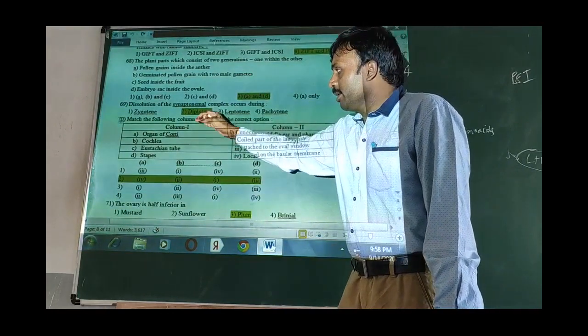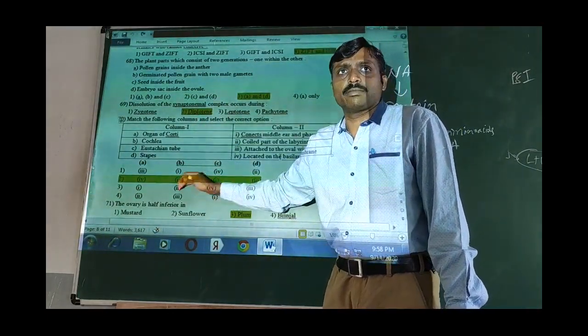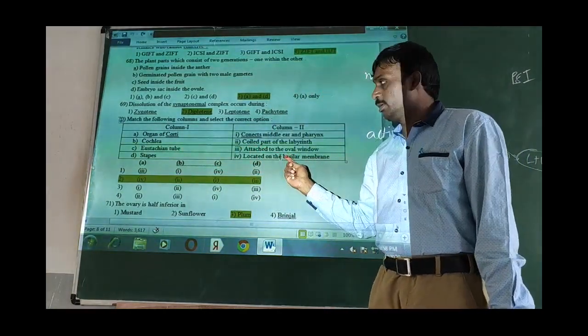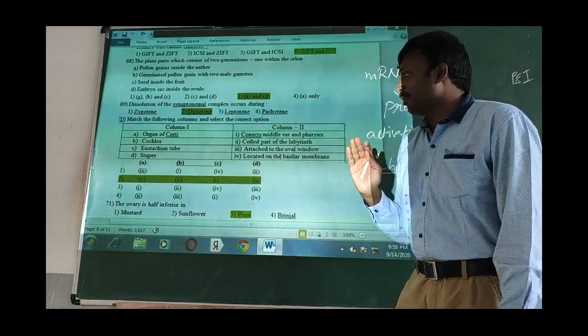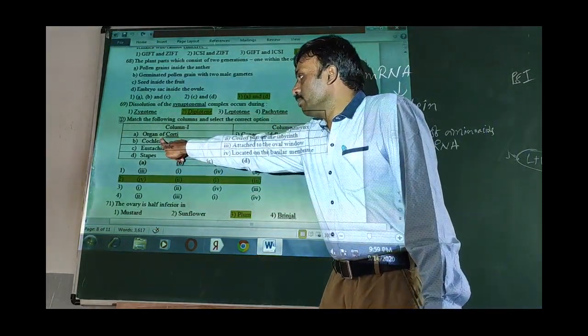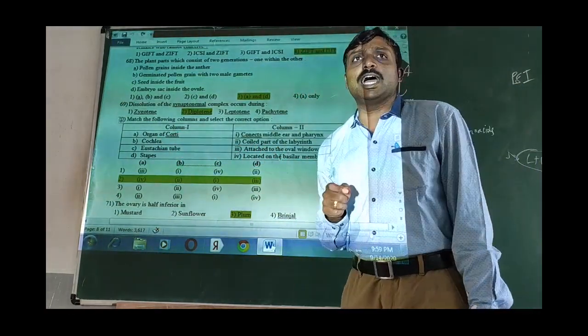Then moving to the 70th one. If you observe carefully, all these are internal parts of an ear, and their descriptions. Among them, if you read properly, B, cochlea, a coiled part of the labyrinth.